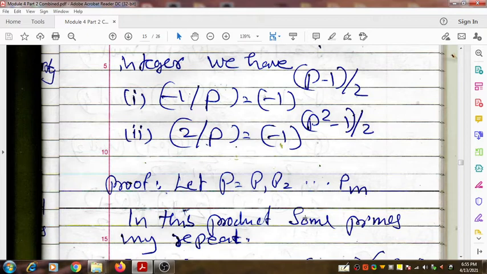Here we allow the repetition of prime numbers. We take the given composite number P equal to P1 into P2 into etc to Pm. We write that P equal to P1 into P2 into etc to Pm. We allow the prime numbers to repeat.